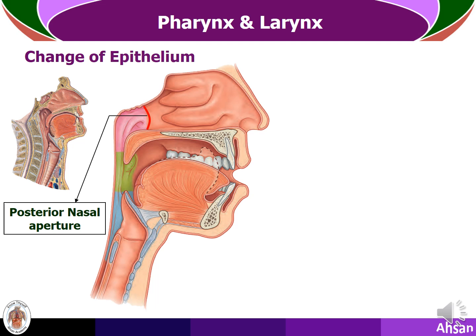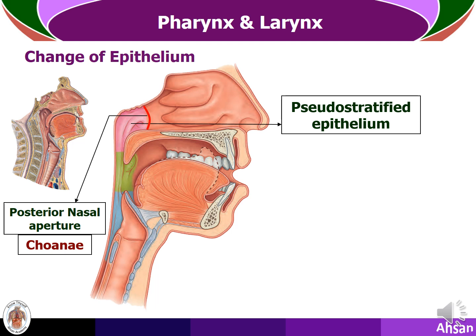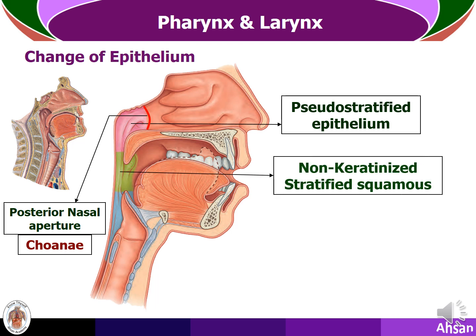The pharynx shows some epithelial change in different parts, and it has some relation with the larynx and respiratory tract. Actually, the nasal cavity is lined by pseudostratified epithelium which continues into the nasopharynx, but the oral cavity and the oropharynx have a similar epithelium, non-keratinized stratified squamous, which continues downward in the laryngopharynx.